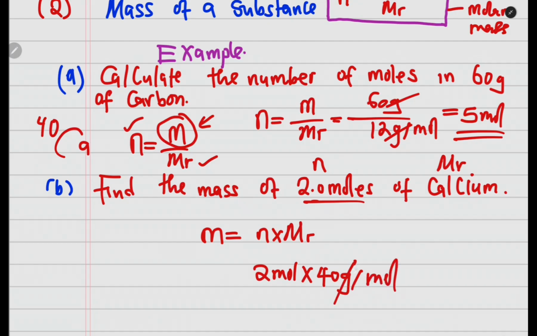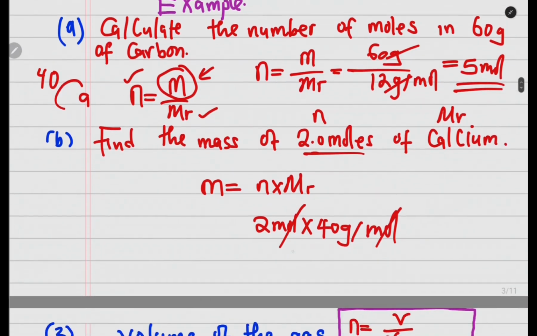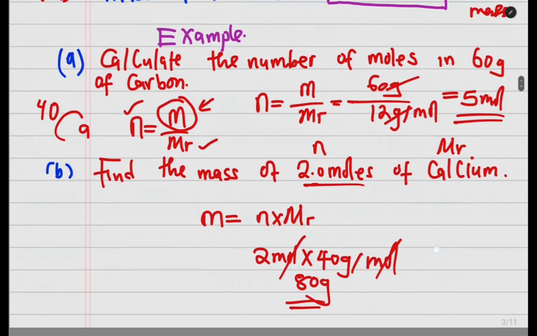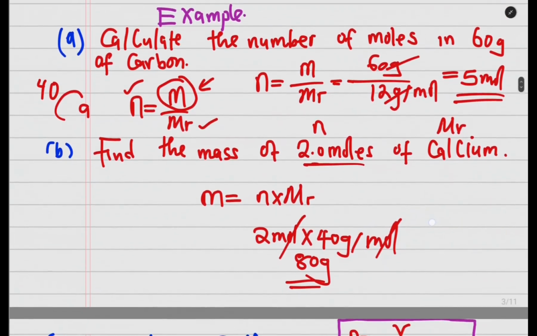So mole and mole cancel. Then you are remaining with 2 multiply 40 gram, that is 80 gram. So the mass here of calcium, given 2 moles of it, is 80 gram. That is the way you find the mass given this formula.